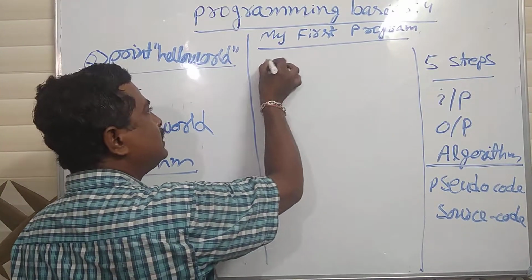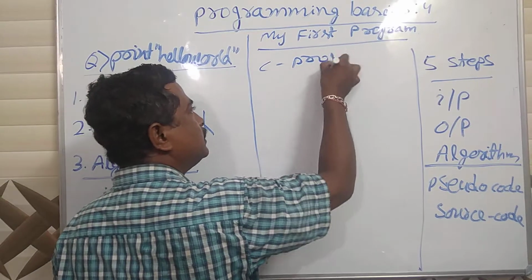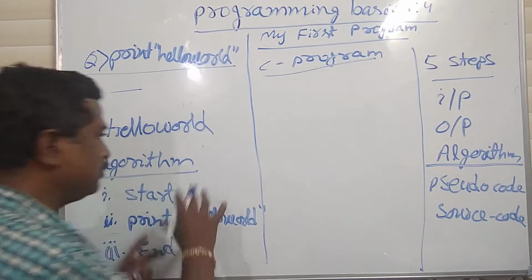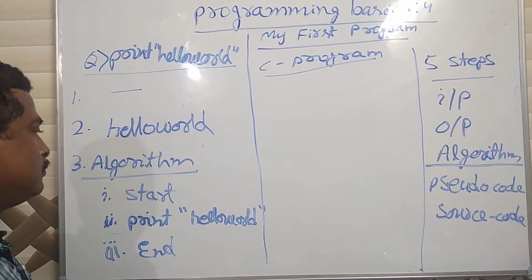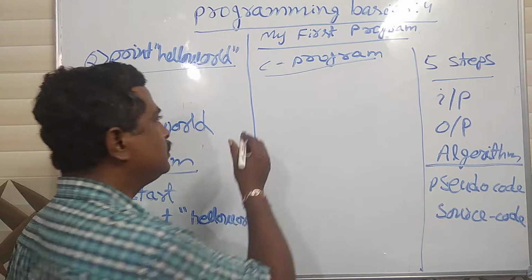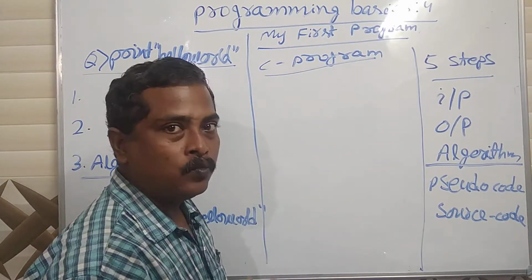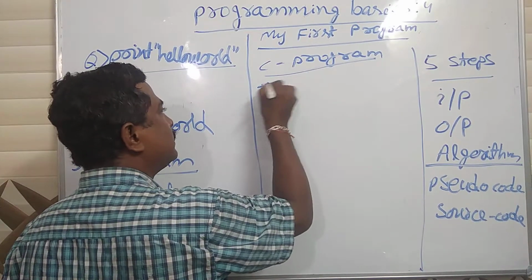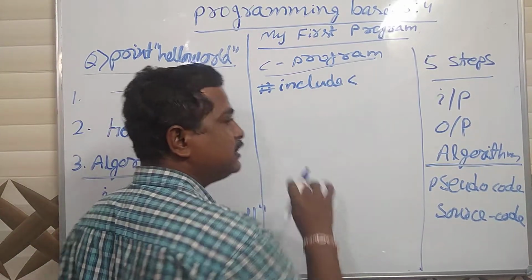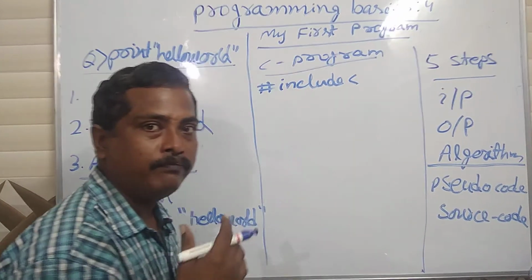So first I am writing the C program. What is the pseudocode for this algorithm? The start means the first part of the program. A C program starts with this syntax: include stdio.h, then void main.